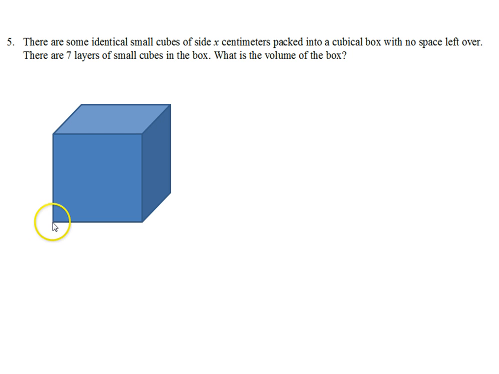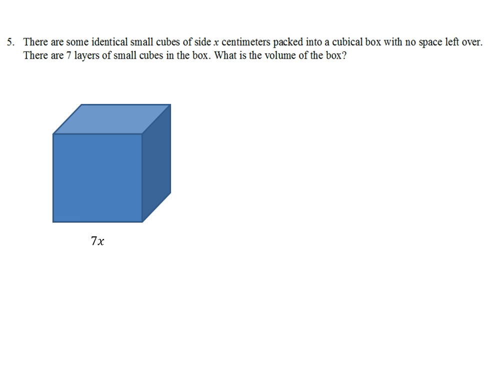So that means that the length of this side is 7x, because there are 7 cubes of x centimeters. So there's a distance of x, x, x, x, x 7 times, and therefore that width or length, whatever you want to call it, is 7x.